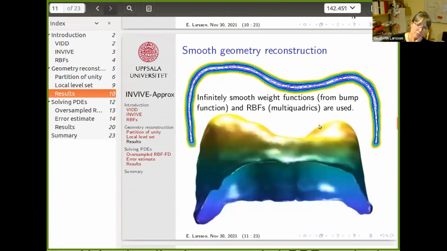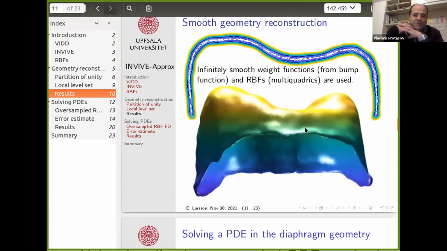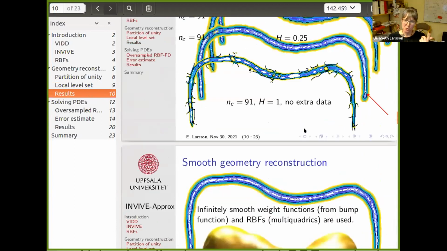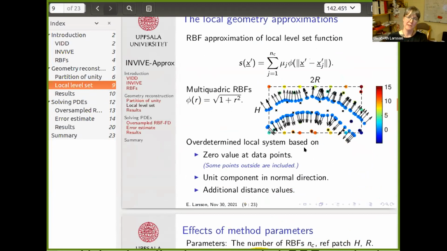Yes, so there are different components. Why do you use one in one problem and another one in another? What is the difference? We use subdivision in both cases, and actually we also use oversampling in both cases.